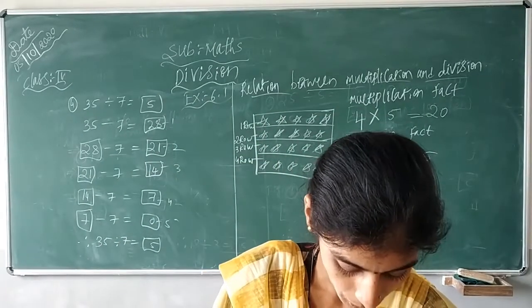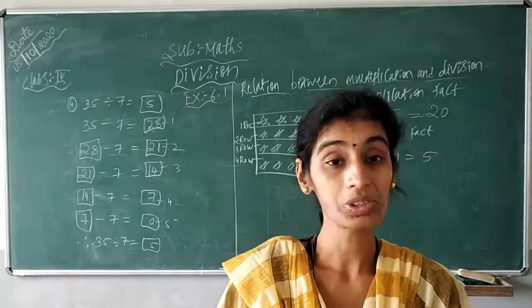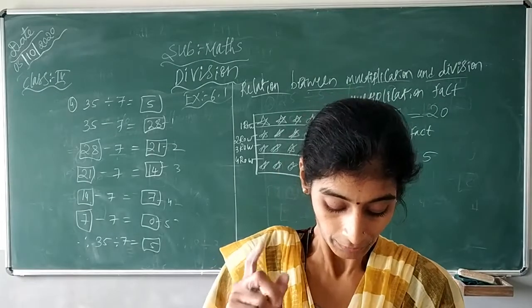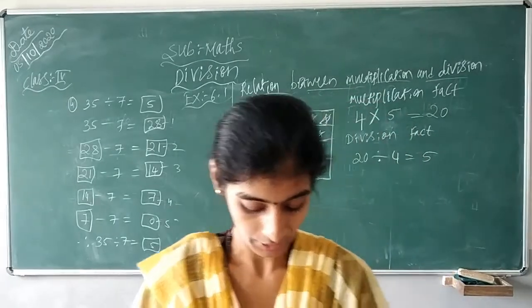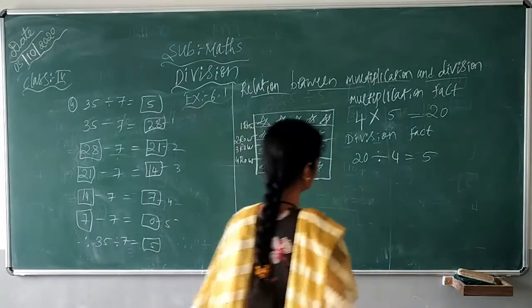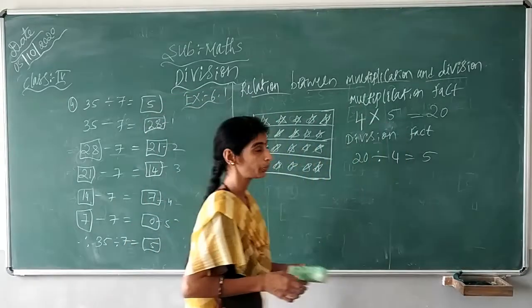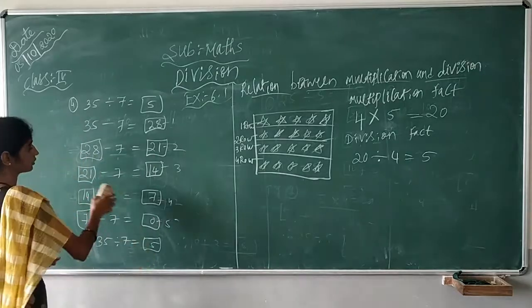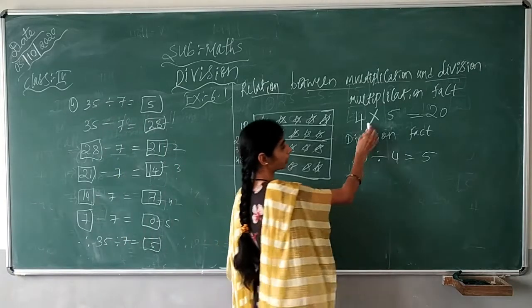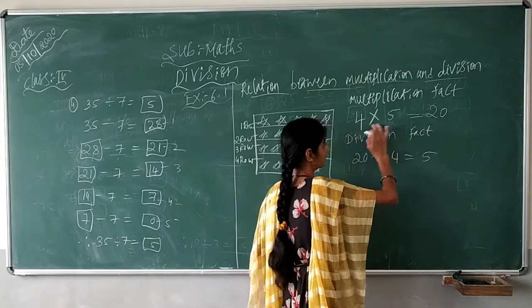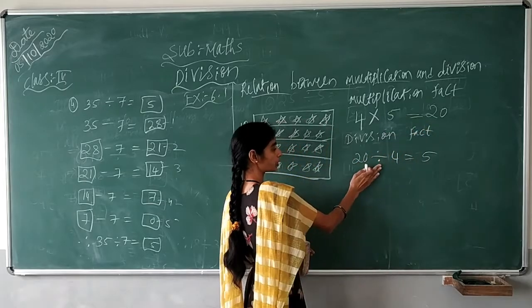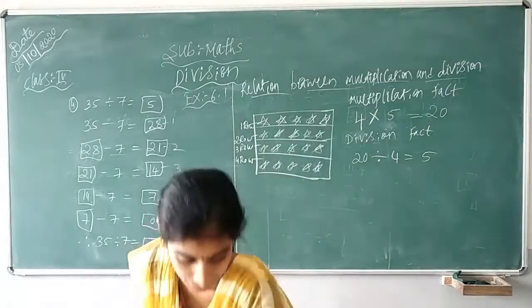On page number 101 they have told you to write the division facts for each of these. I will tell you how to write the division facts. It's very simple. From this multiplication fact, we are going to write the division fact. How?